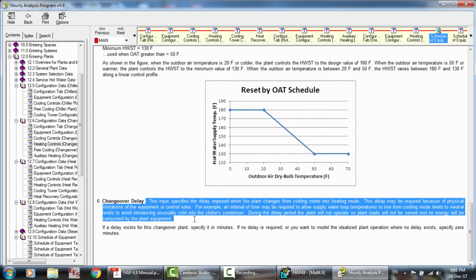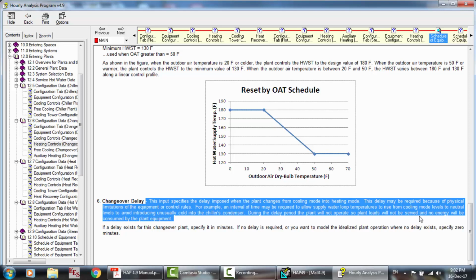For example, an interval of time may be required to allow supply water loop temperatures to rise from cooling mode levels to neutral levels, to avoid introducing unusually cold water into the chiller's condenser. During the delay period, the plant will not operate, so plant loads will not be served, and no energy will be consumed by the plant equipment.